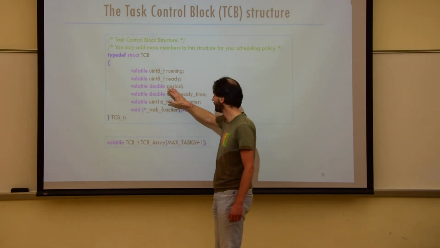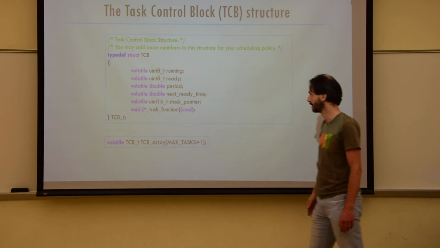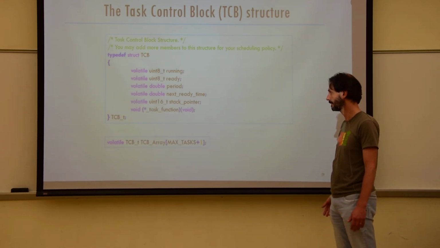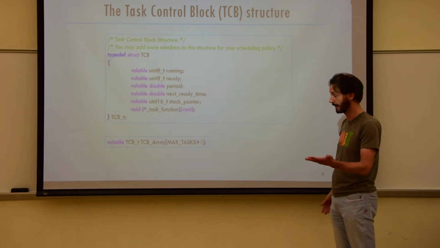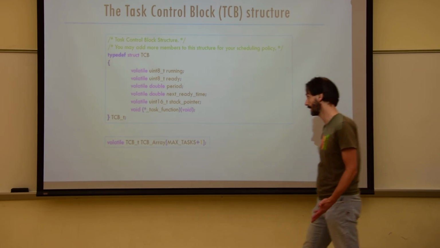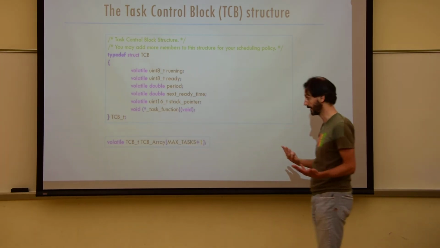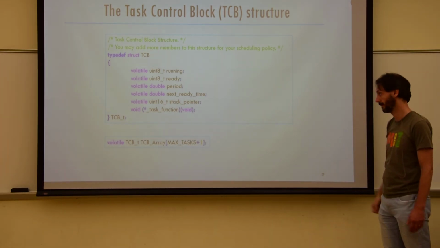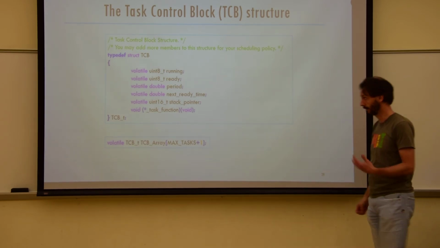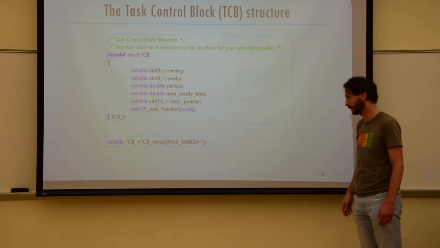It has some parameters: the period, the next ready time, the stack pointer to indicate where you can find the context of that task, and whether it's running, whether it's even ready. It could be blocked, right? The operating system may not yet have set the flag for ready for this particular task.